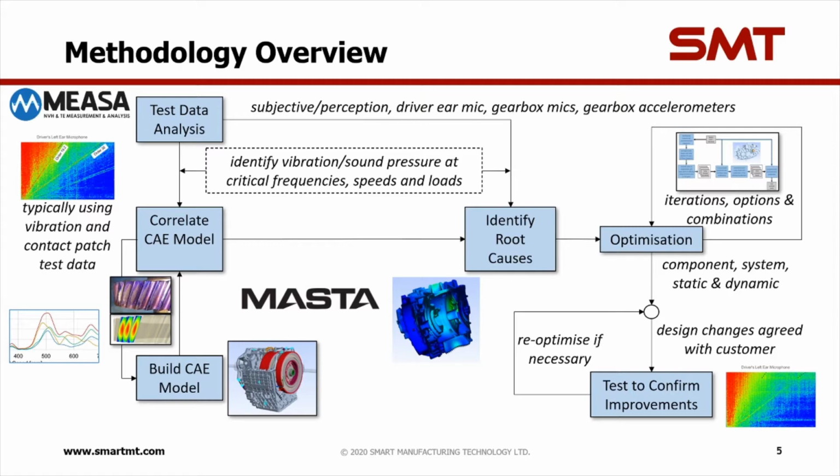Measure and MASTA integrate well here, so you can export the orders from MASTA into Measure very easily. We can look for critical frequencies, check if there are resonances, check for critical speeds or loads that are relevant to the NVH problem, and this feeds into the identification of the root causes.